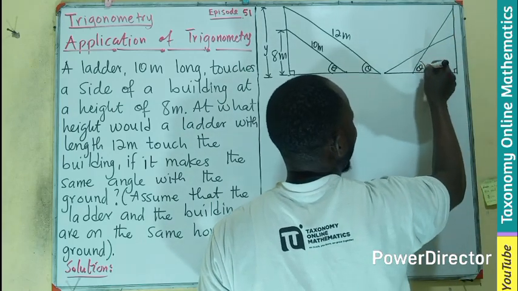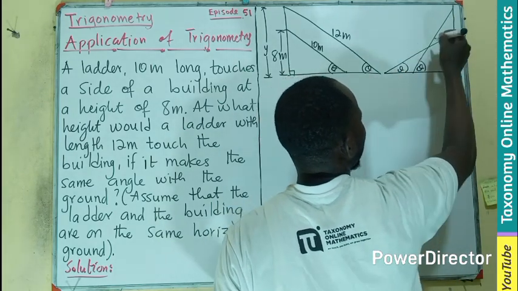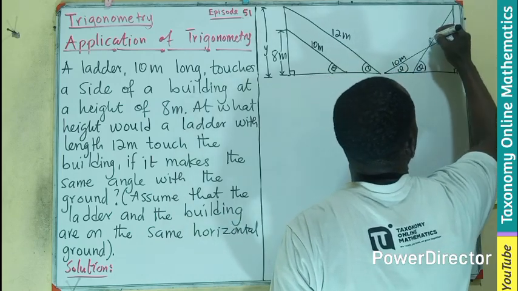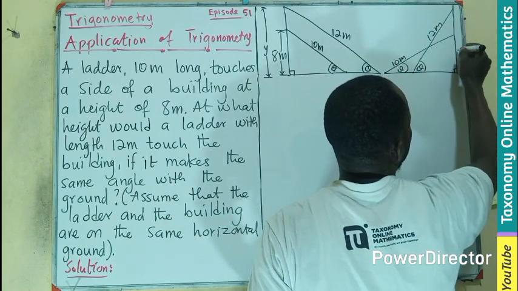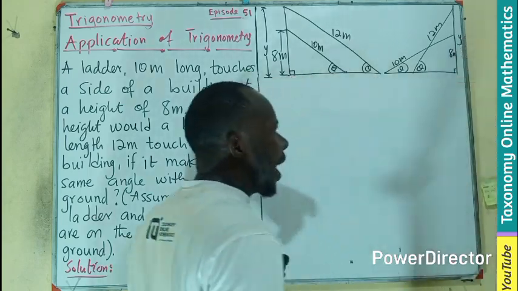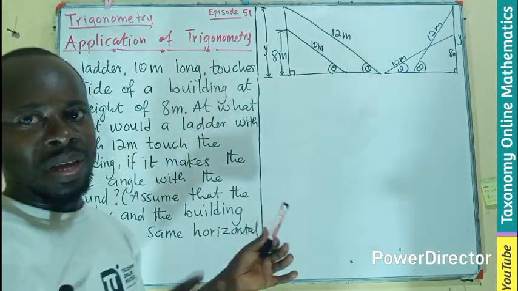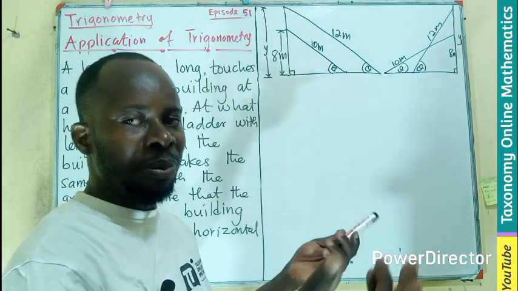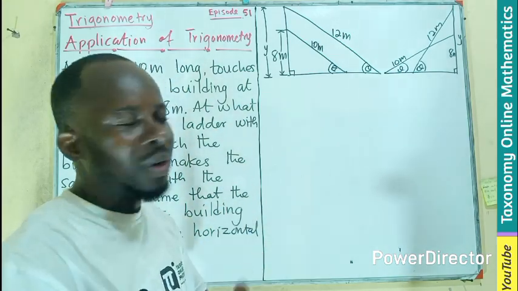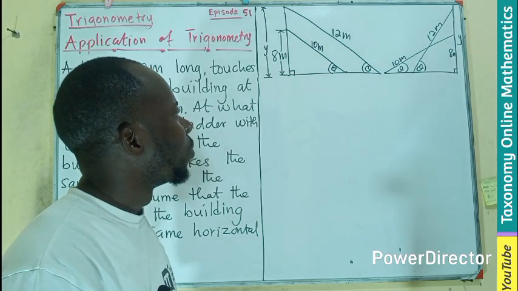So this is the angle we are having. This will be 10 meters. This will be 12 meters. And this will be 8 meters. And the whole of this will be y meters. So the two diagrams can work, depending on where you put the shorter ladder and the longer ladder. All right, let's go.